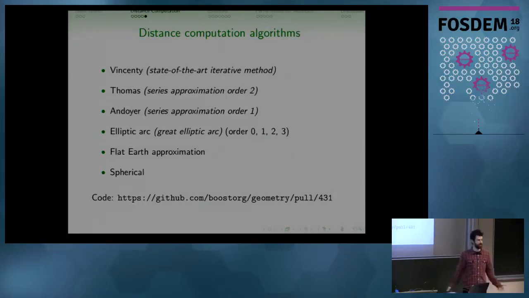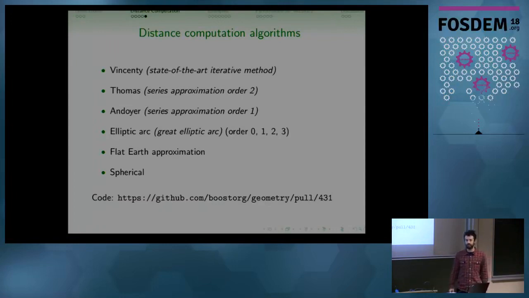If you know some other method, yes, one purpose of this talk is to take some feedback from the GIS community. Most of them were developed in the 70s. I would say that the first one, Vincenty, is the state of the art of methods that you use when you want to compute the distance on the ellipsoid.